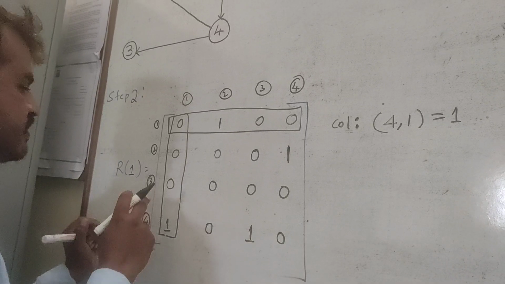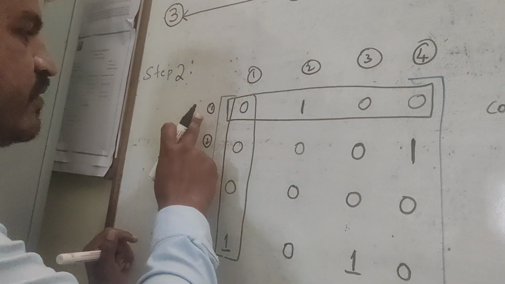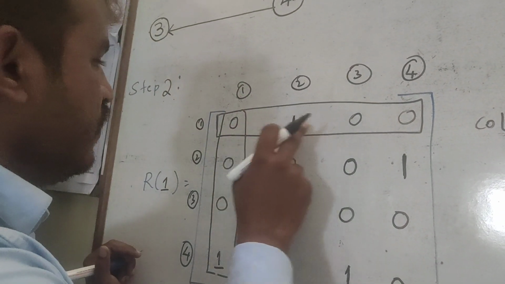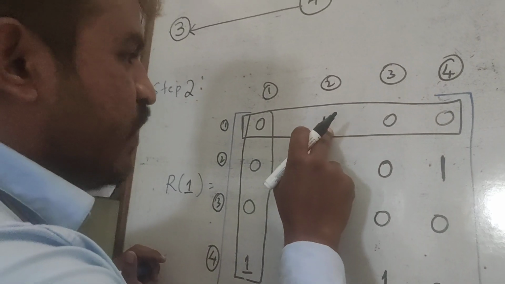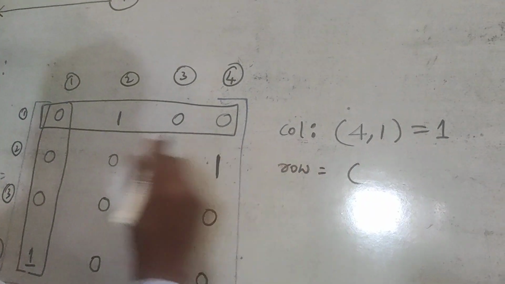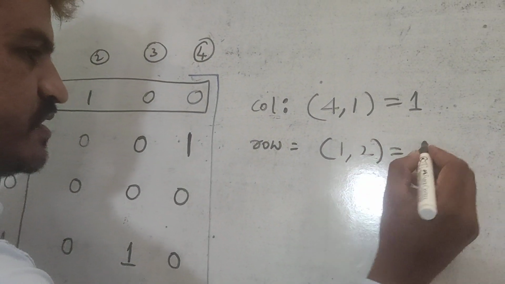Then next, coming to the horizontal part in the row, here there is a 1 in the row: 1, 2. It is 1.